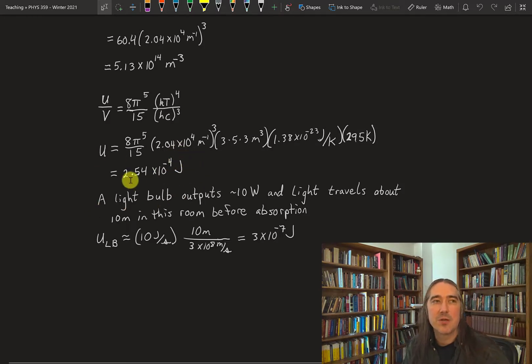So the total energy in the black body radiation field in this room is 3 times 10 to the minus 4 joules. That is super tiny, right? What's a joule? It's the energy you need to raise something that's 100 grams by 1 meter.